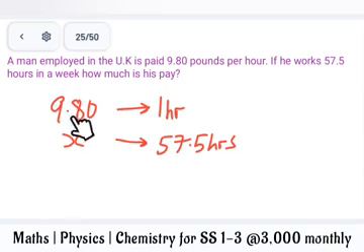This is how you can solve a question like this in mathematics. You draw a relationship like this that says, okay, £9.8 is paid to him when he works for 1 hour.